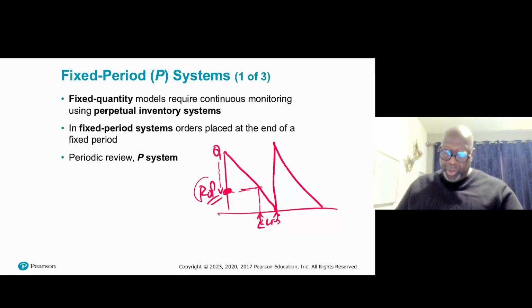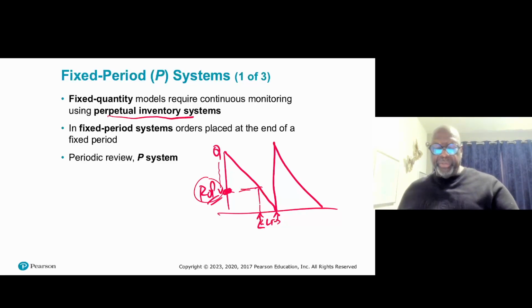So how do you know when you get to that reorder point? That's when you have to do the continuous or perpetual review. Point of sale systems allow us to do that relatively easily, so that's great. And then once we hit the reorder point, we place the order, Q comes, and if your demand is certain and lead time is certain, then we know exactly what to expect.